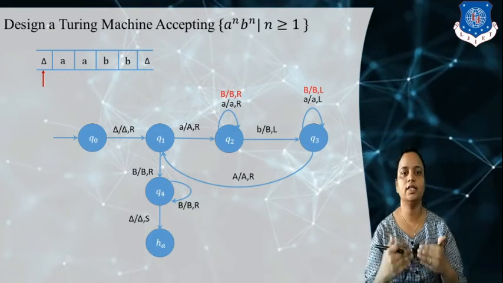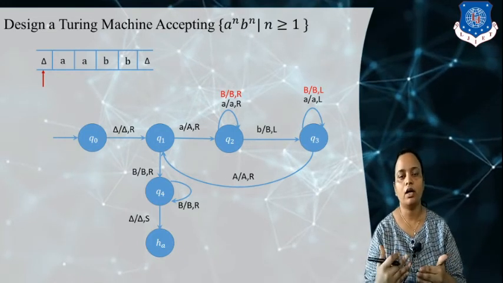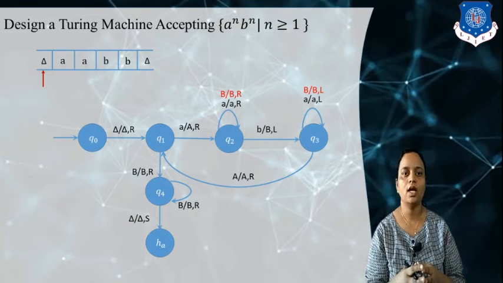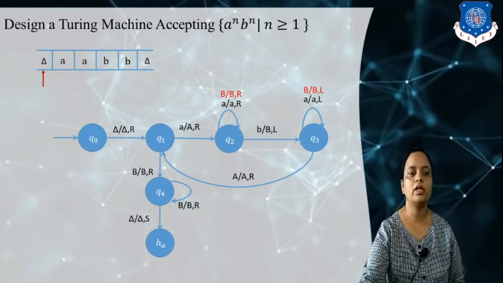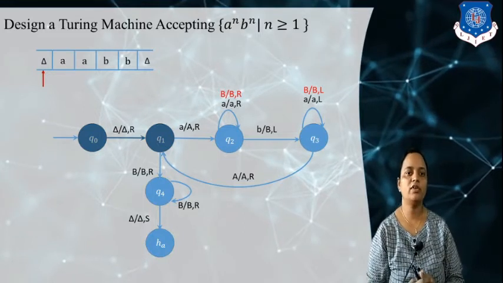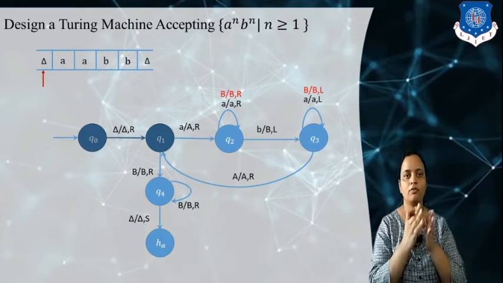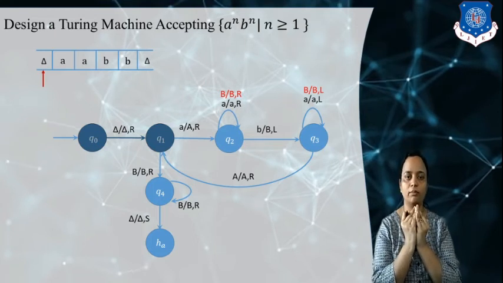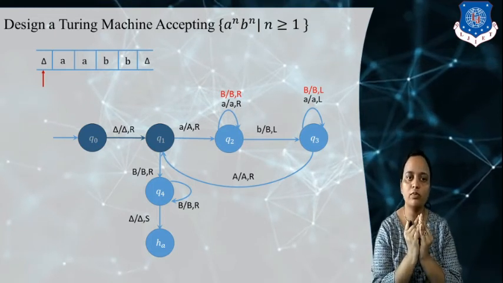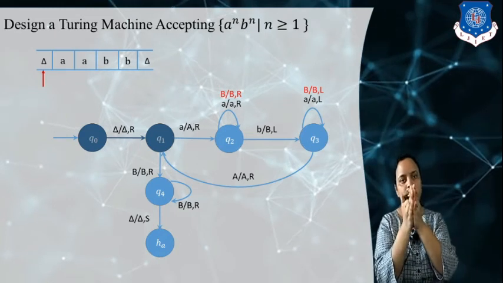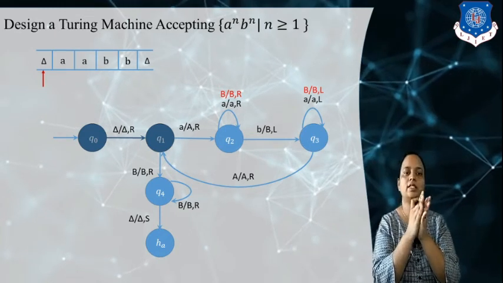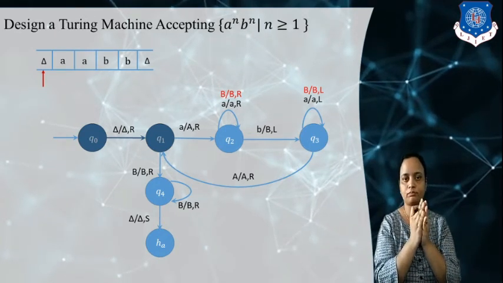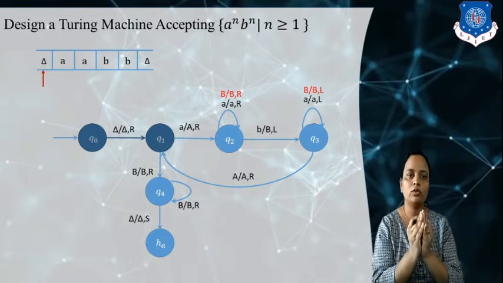Now understand how we can use this logic and develop these states, how this state transition works. So here you can see that initially we are at the Q0 state. What are we going to do? We are just moving to the first character of the input string. We transfer the head to the right-hand side.